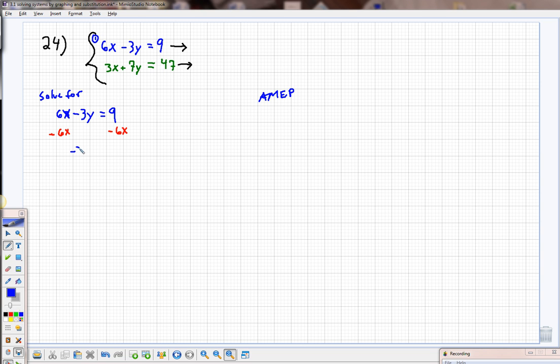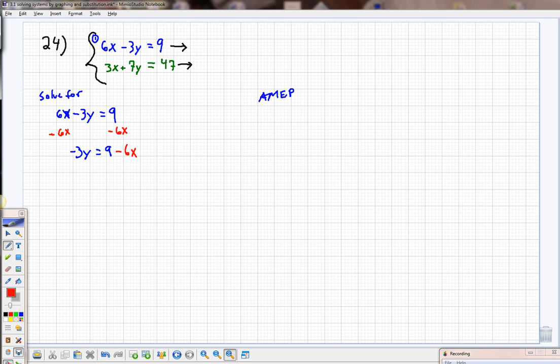We're left with that minus 3y becomes a plus negative, which is just negative 3y on the left side. On the right side, some may look at this as 9 minus 6x. Actually, many of you will probably look at it as 9 minus 6x.